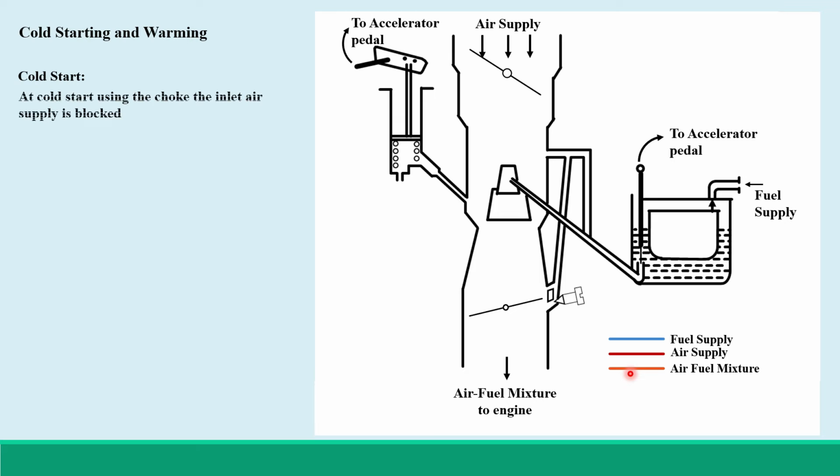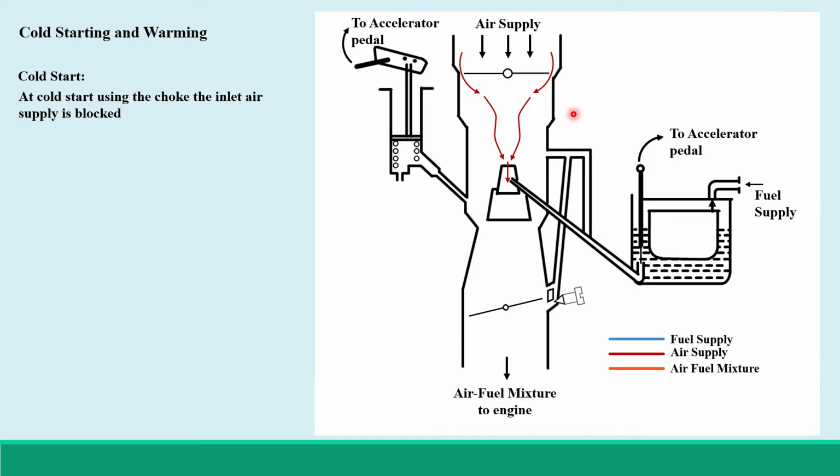So during cold start, using choke, the air supply is being blocked. So minimum amount of air enters the carburetor, because of which 5 to 10 times richer mixture will be created, which is necessary for the cold start.